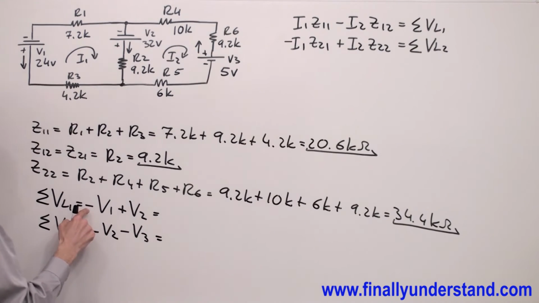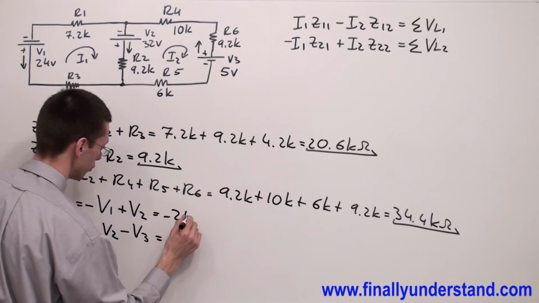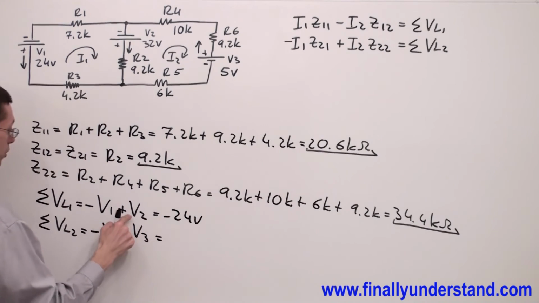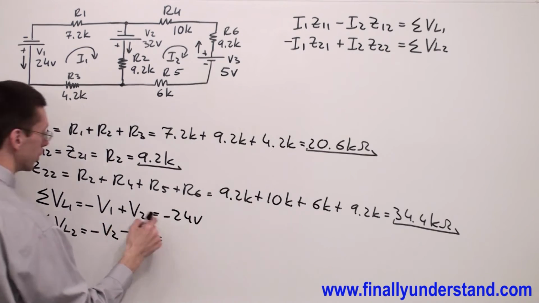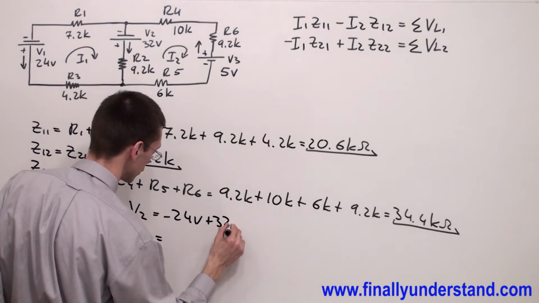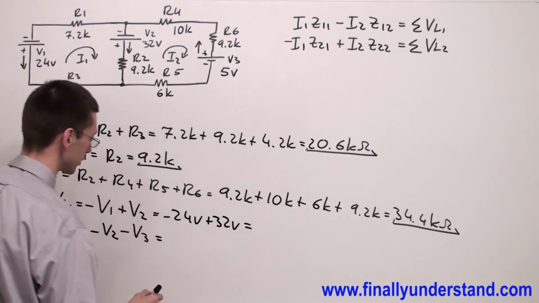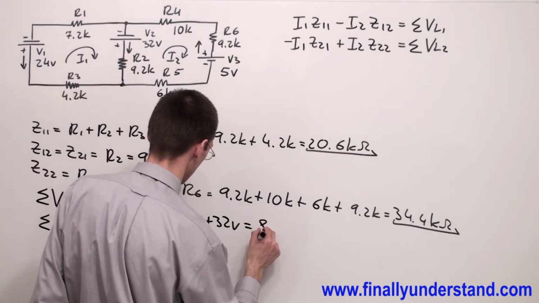So this is equal. Negative V1 is negative 24 volts plus V2, which is equal to 32 volts, equals 8 volts.